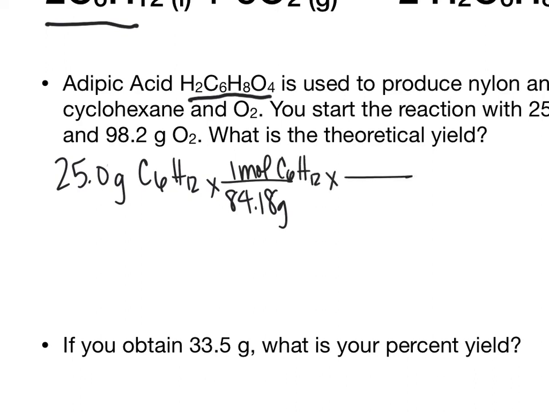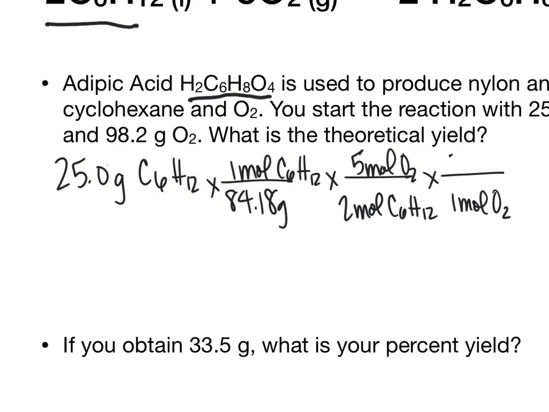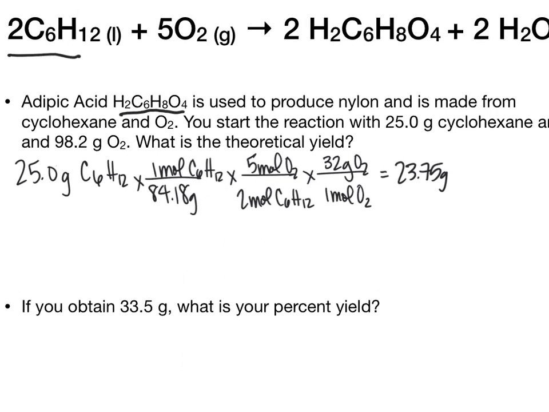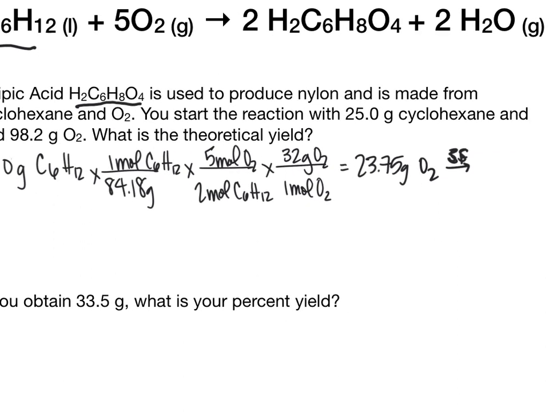And based on our equation, there are 2 moles of C6H12 for every 5 moles of O2. And 1 mole of O2 is 32 grams of O2. So when we plug this into our calculator, we get 23.75 grams of O2, with sig figs, that would be 23.8.